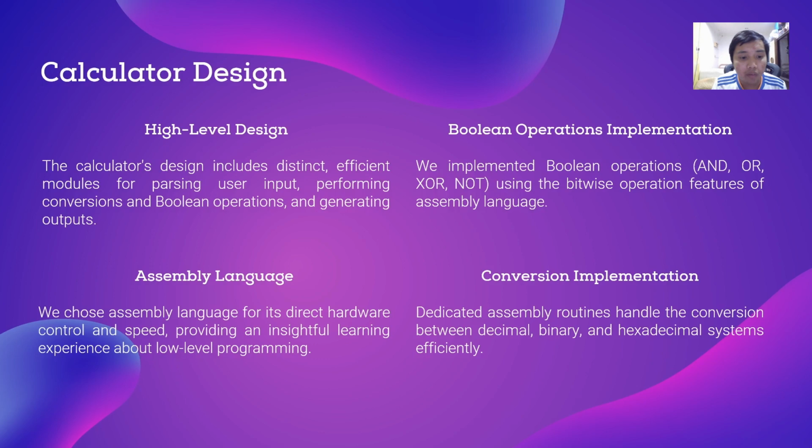This means that by dividing the calculator's functionality into distinct modules, the design promotes modularity, reusability, and maintainability. Each module focuses on a specific task, allowing for easier debugging and testing. The efficient design enables a user to perform conversion and Boolean operation accurately, while also providing clear and concise output.